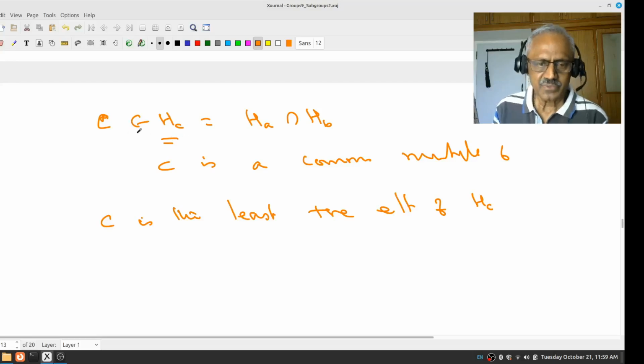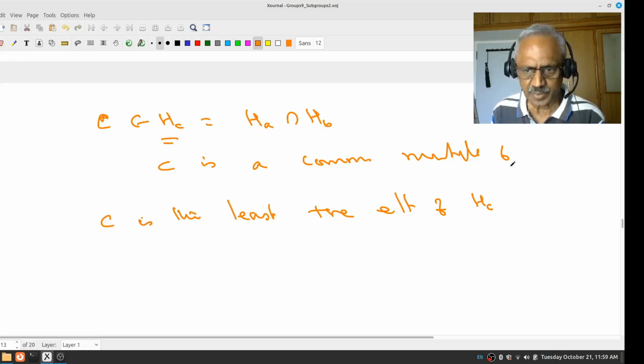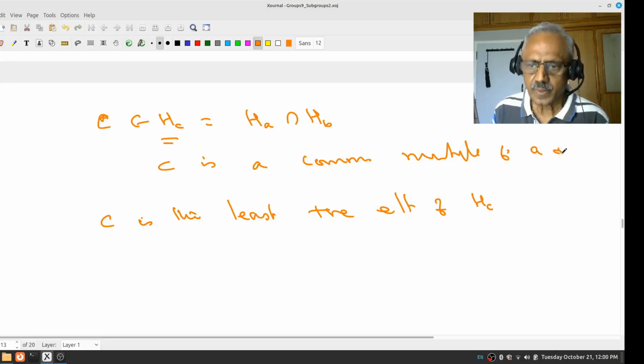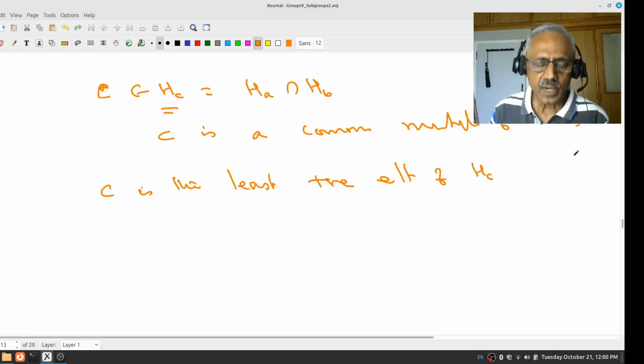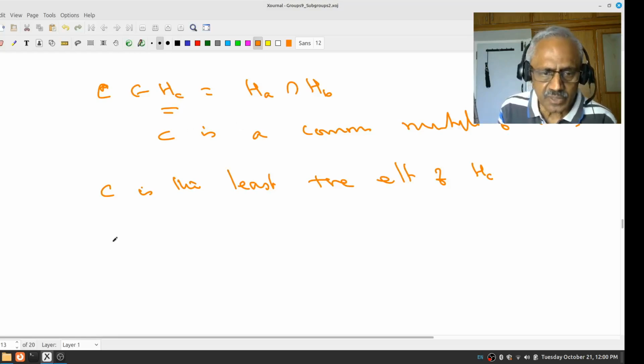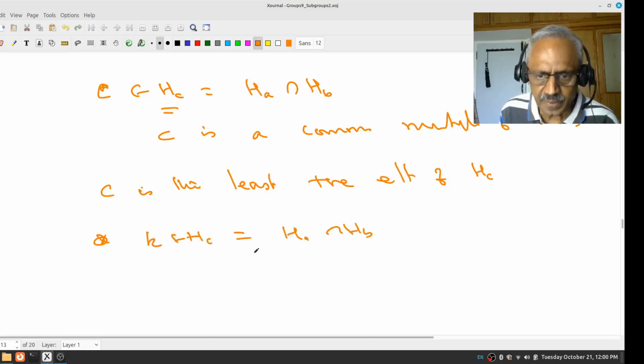Now C belongs to HC, therefore C belongs to HA and HB. That means C is a multiple of A and a multiple of B, therefore a common multiple of A and B. Now, how did you find the C? This C is nothing other than the least positive element. Now, start with any element K in HC. Since HC is equal to HA intersection HB, K is also a common multiple.